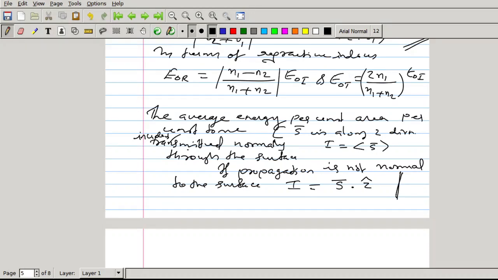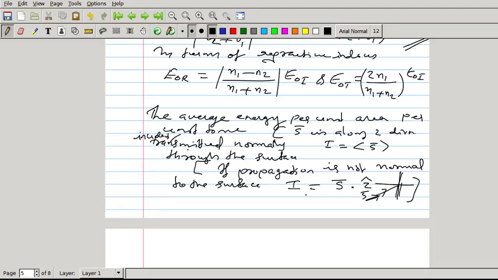For example, if this is the interface and the wave is incident like this, along this direction the energy propagation is S, but the intensity is always normal to the surface. When you calculate the intensity of the incident wave, you should take the component of this energy transmitted normal to the surface. That's why we take S dot z. But in our situation, we need not consider this.